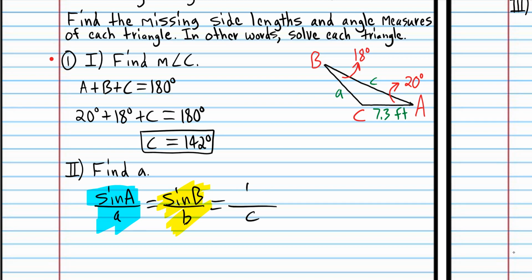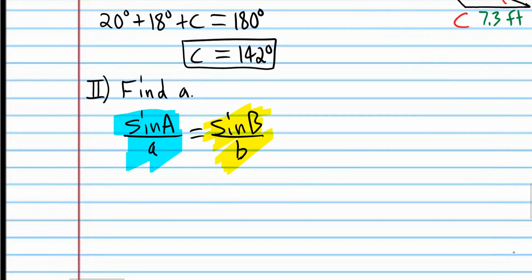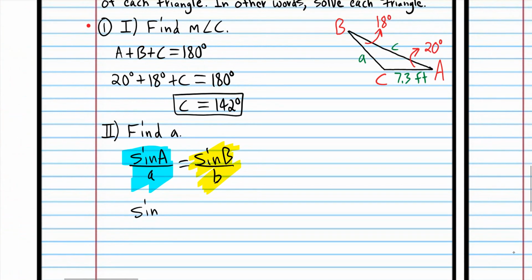We don't need that. Okay, so we know that the measure of angle A is 20 degrees, and we're looking for the length of side A. We know the measure of angle B is 18 degrees, and the length of side B is 7.3.